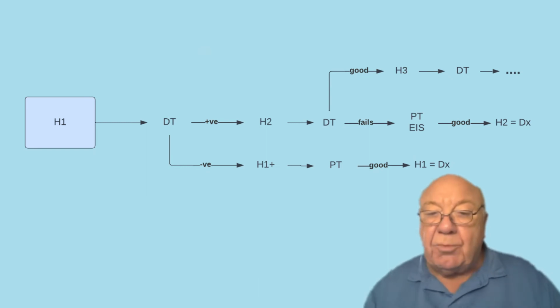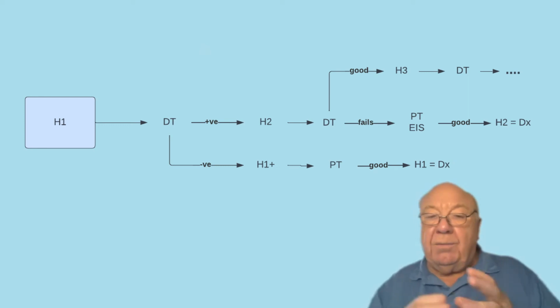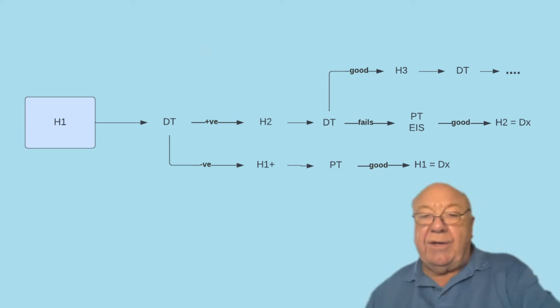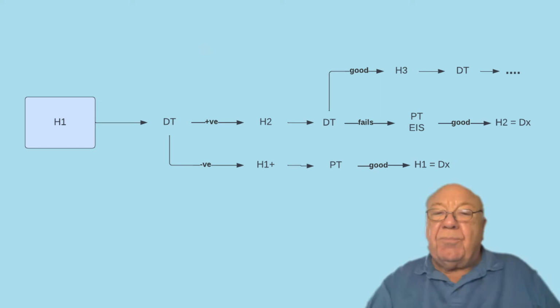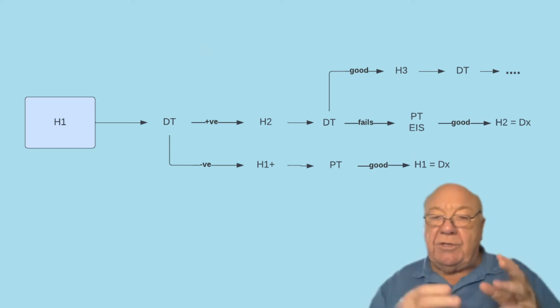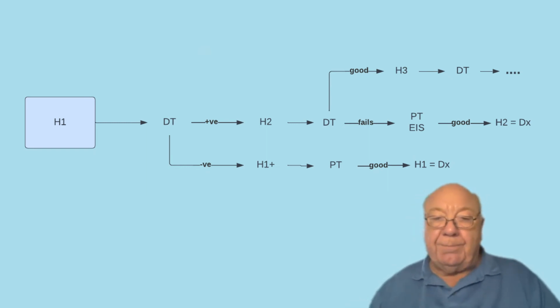Now, if the disproving test fails, then our new hypothesis is stronger. We can apply the EIS to it. If that works out to be good, then we have our second hypothesis now as a diagnosis. If the disproving test is good, that is, it disproves the hypothesis, then we have to generate a new hypothesis, which is H3, and then we go through the whole same process all over again.